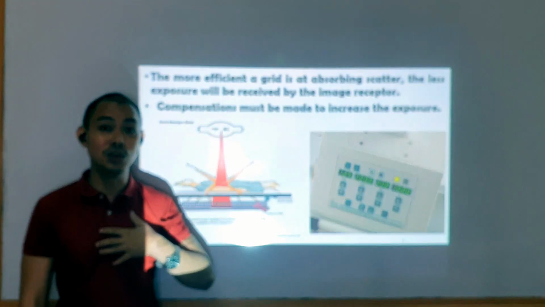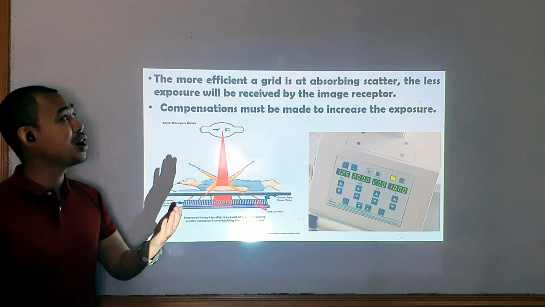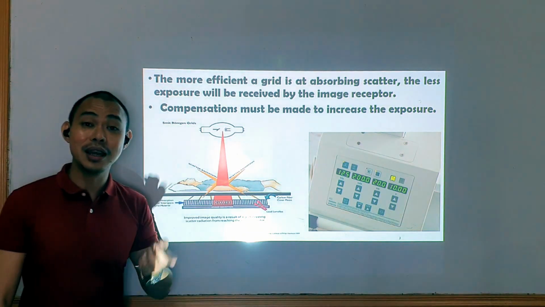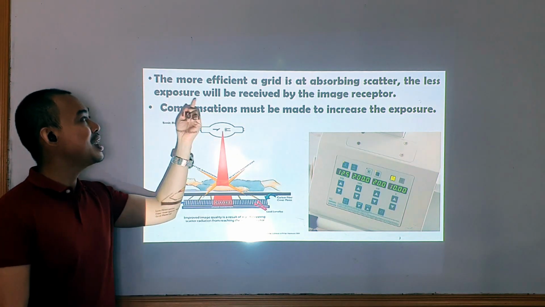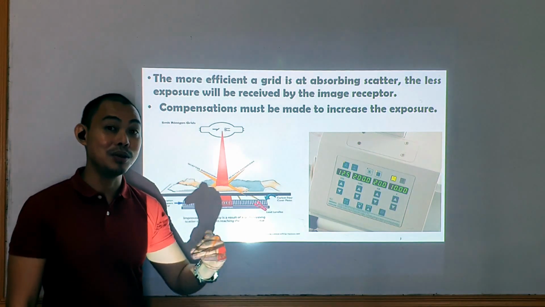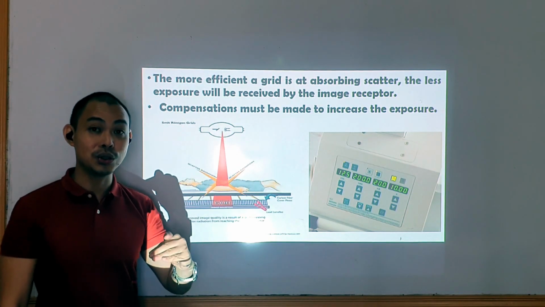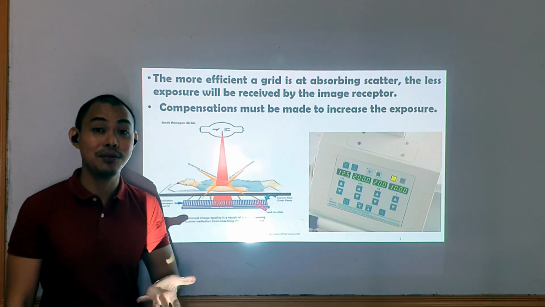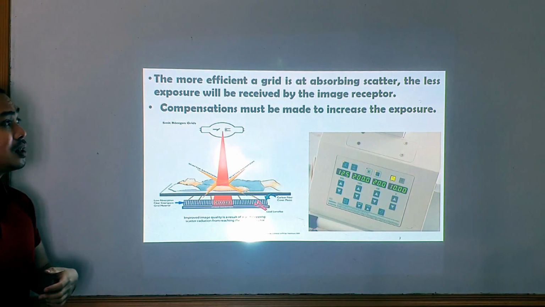That's why we need to use grids. But the more efficient the grid is at absorbing scatter radiation, the less exposure will be received by your image receptor. And we need enough exposure to your image receptor to have an acceptable radiographic image, right?